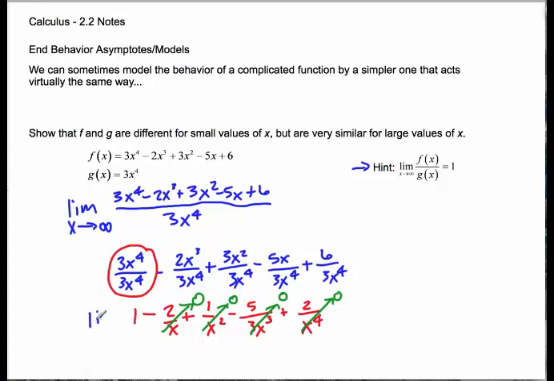So if we put our limit question back on this guy as x approaches infinity, all of these go to 0. And that leaves me then with a 1. And so I've got this true statement right here. And so what that tells me then is that for very large values, not close to 0, but large values like millions, these two different functions are virtually the same.